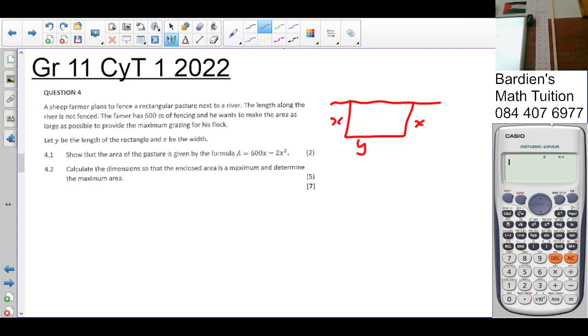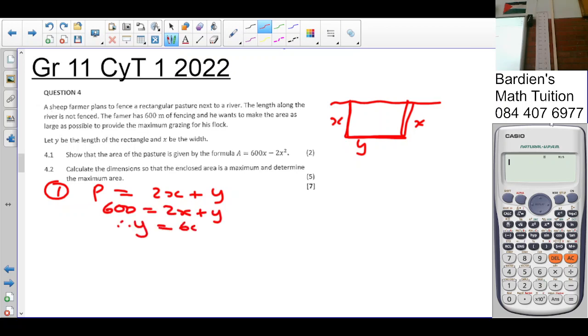So x plus y plus x will be the perimeter, not so? So the perimeter is going to be 2x plus y. But what's the perimeter? The perimeter is 600. So it's going to be 600 equals 2x plus y. So you make y the subject of the formula, so y is equal to 600 minus 2x.